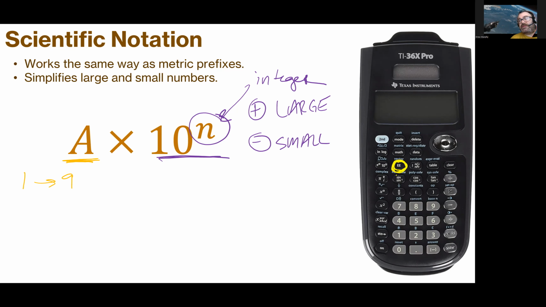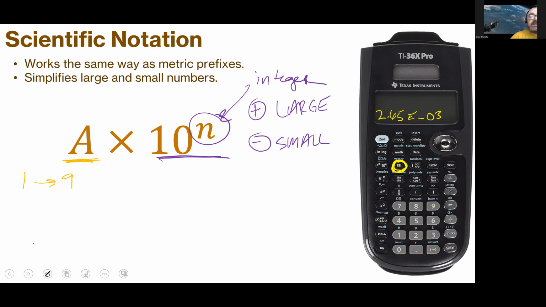If you try to use the times 10 to a power button, it's going to treat it like a function and it's going to mess up your calculations, okay? So when you use the EE button, you would say, I don't know, 2.65 and then push EE, and then we'll say minus 3. Okay, that's what your calculator will show you.